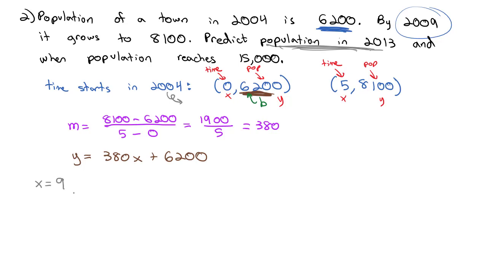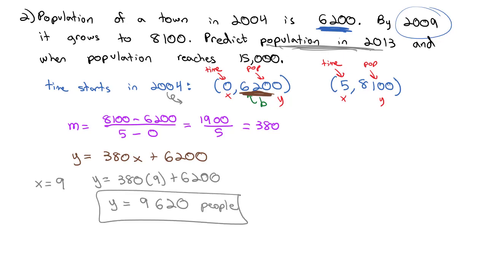Well, 2013 is 9 years after 2004, so we have y equals 380 times 9 plus 6,200. And that you can just put in your calculator. 380 times 9 plus 6,200 is going to be 9,620. That is the population in the year 2013.